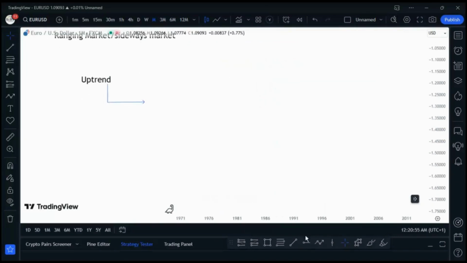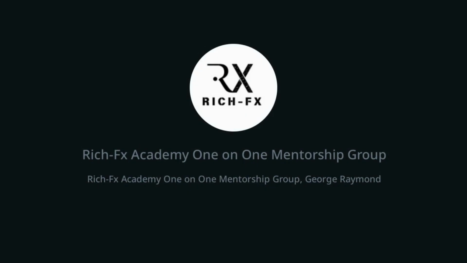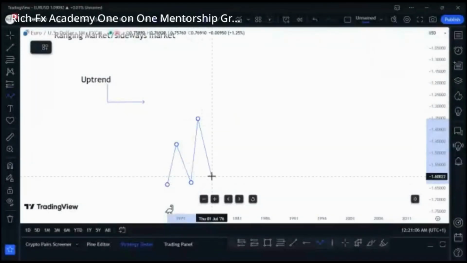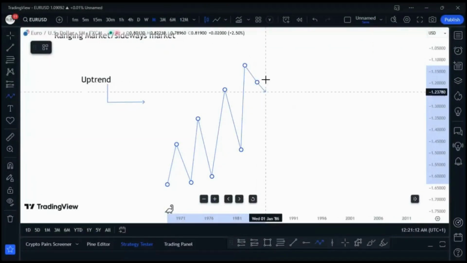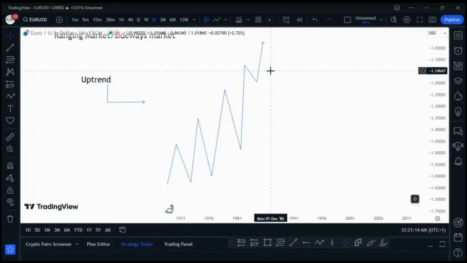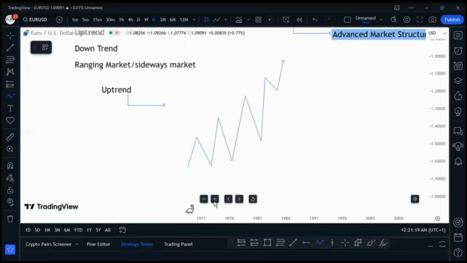This is where the market is constantly breaking different highs and lows, moving upwards. This here is called an uptrend.